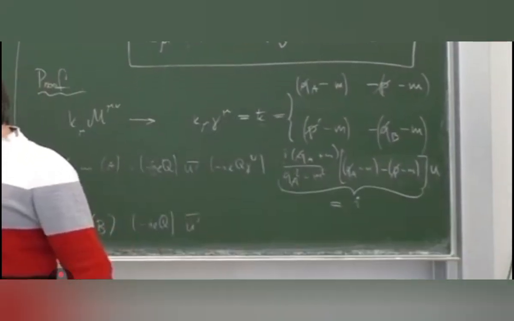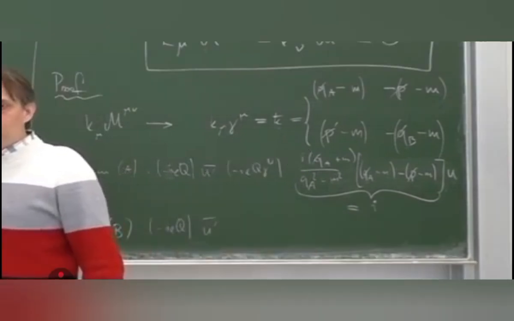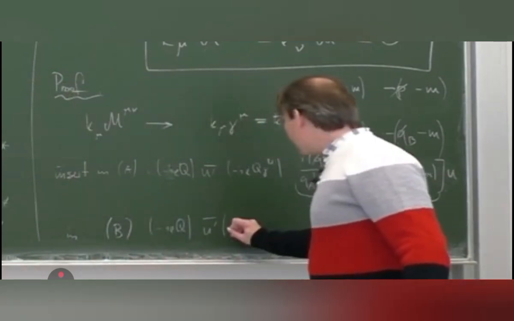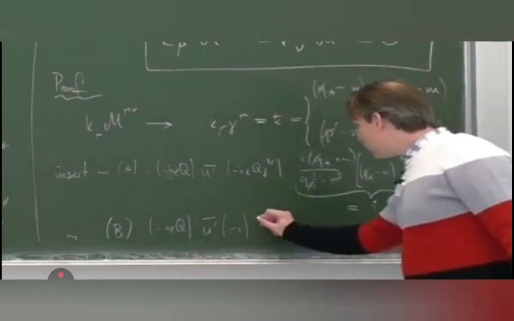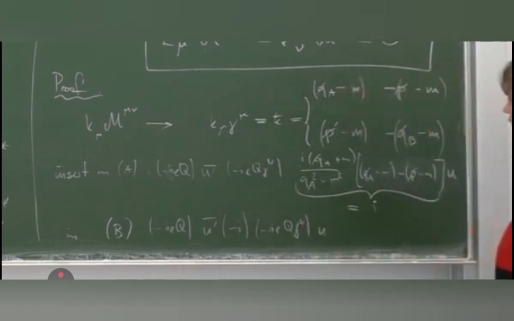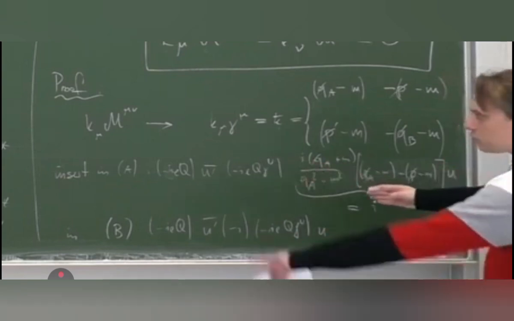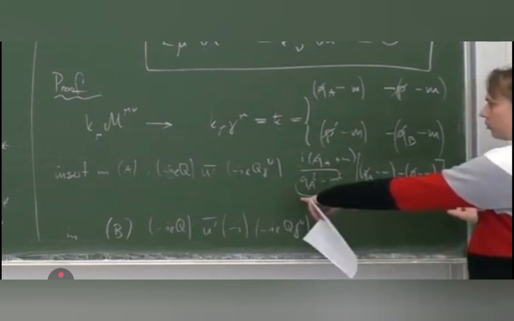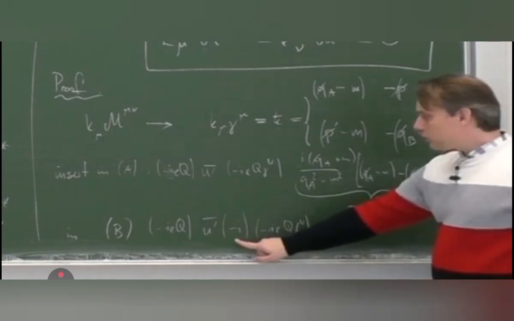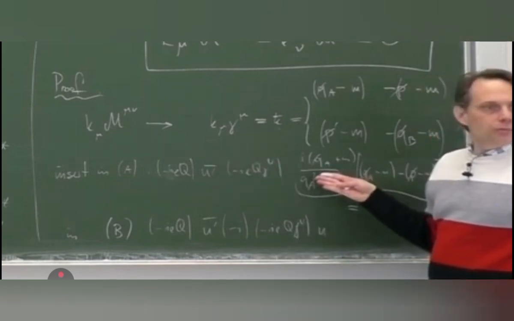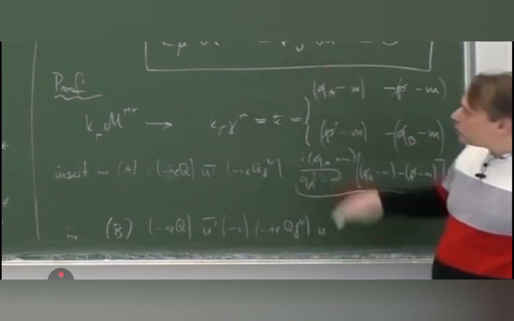That hits that propagator, it combines to 1, but there is a minus in front. So that whole thing gives minus i. So we get a factor minus i from the whole thing, and then what remains is minus ieq gamma nu u. And so now you see the two terms are equal up to the minus sign. Everything which differed between the two lines A and B has dropped out, and the complicated thing here becomes i, the complicated thing there becomes minus i, and everything else is exactly identical. Therefore the sum is 0, and therefore the Ward identity is proven.